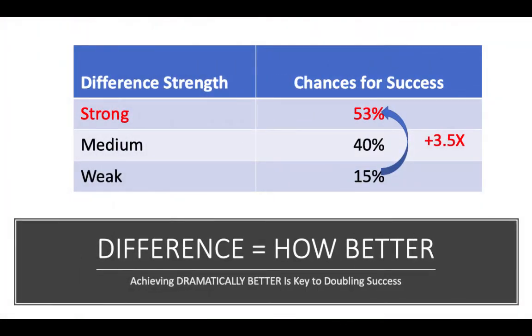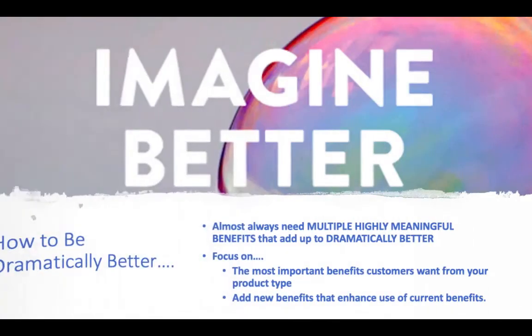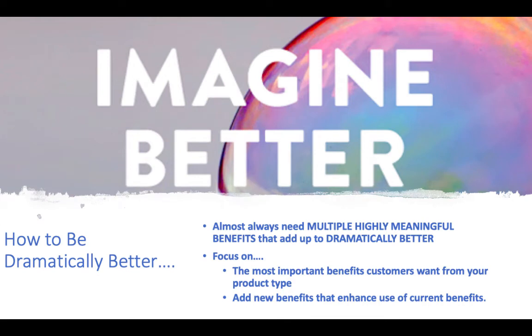Let's talk about the strength of your difference communication. Boy, is this one important. You can more than triple your chances for success by having a strong difference communication versus weak difference communication. So, how to be dramatically better? Well, we've talked about this. You need multiple highly meaningful benefits that add up to being dramatically better.